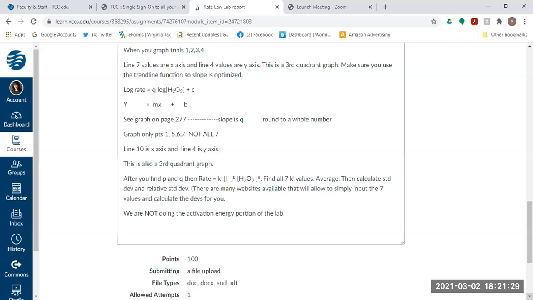So all of this I like because it does give you nice real-ish data. I really wish we could actually do these for real. It's kind of a cool little reaction. It has this neat little visual where it changes color, and you time it, and none of them take a really super long time.